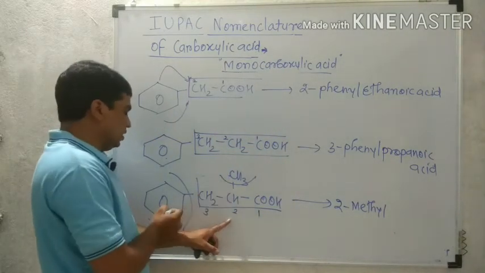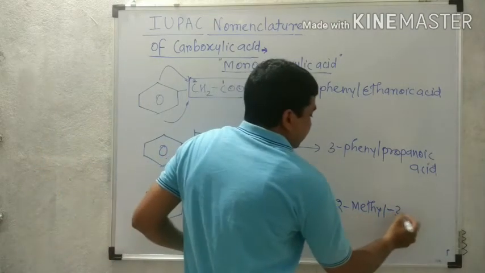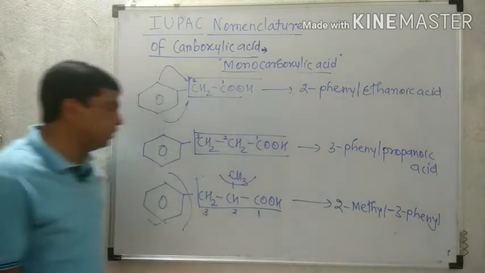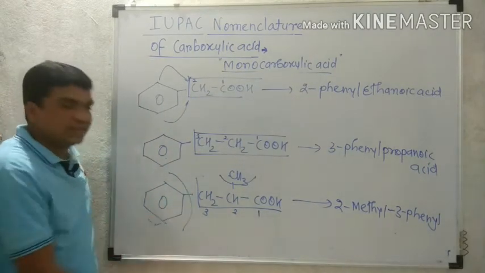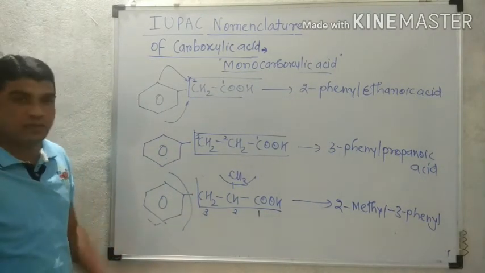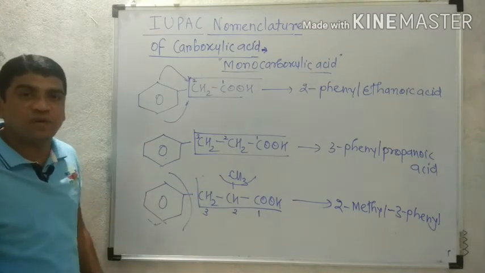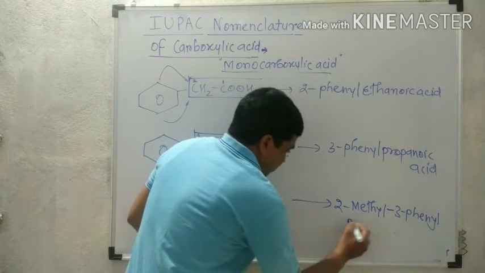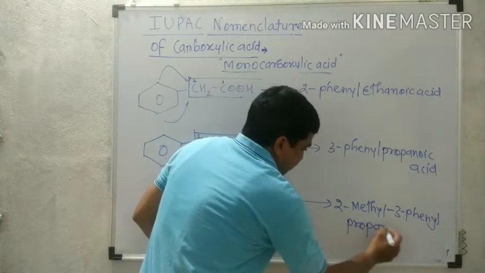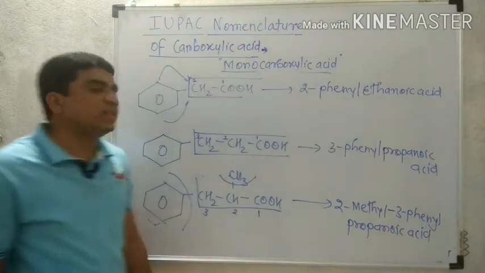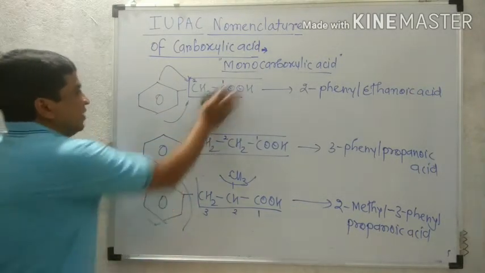Where is the phenyl? 3-phenyl. 2-methyl, 3-phenyl. How many carbons in the parent chain? 3. Therefore, it is propane. Replacing the ending E from propane, that is propanoic acid. So the complete name is 2-methyl-3-phenyl propanoic acid.